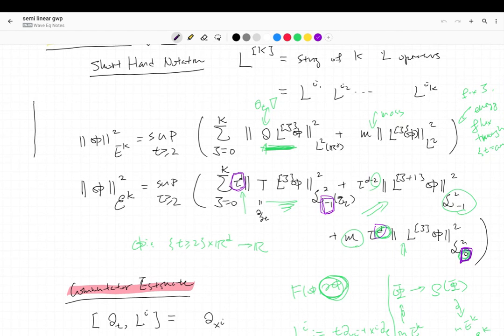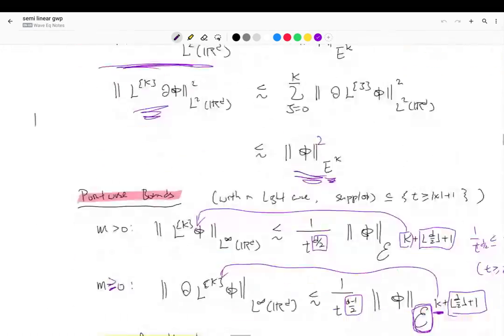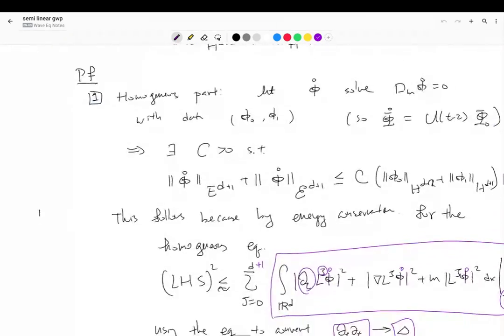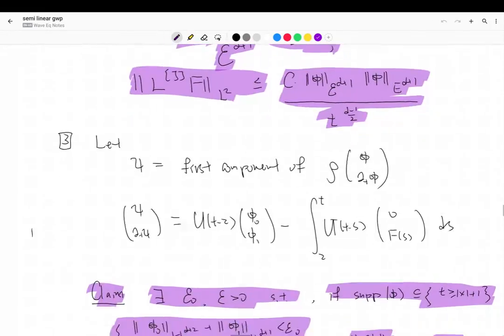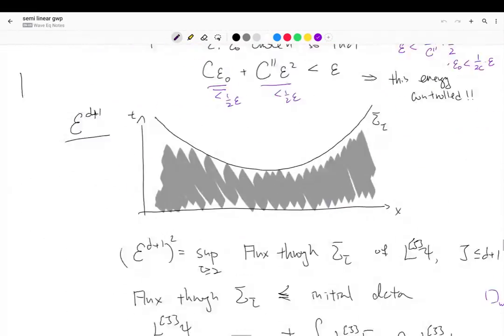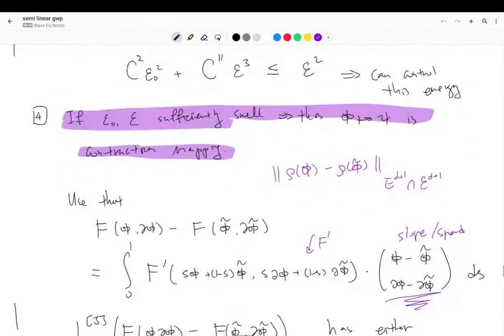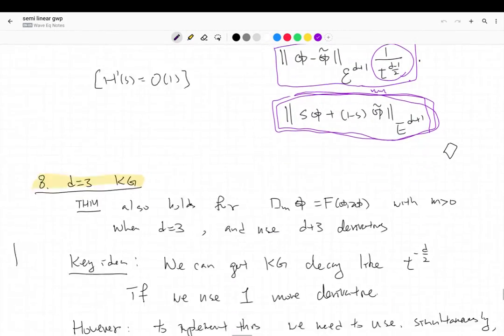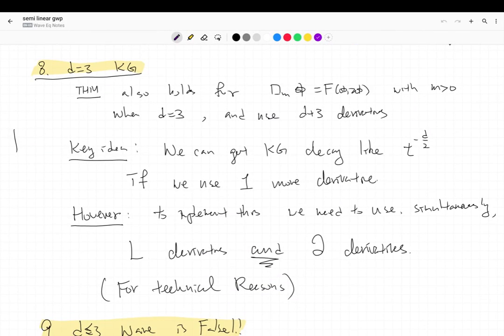So in order to actually recover the decay for things that look like normal partial derivatives of phi, we need to actually enlarge our function space. Instead of using this curly E and rectangular E as we did before, our function spaces now have to incorporate both L derivatives and normal partial derivatives. Okay?